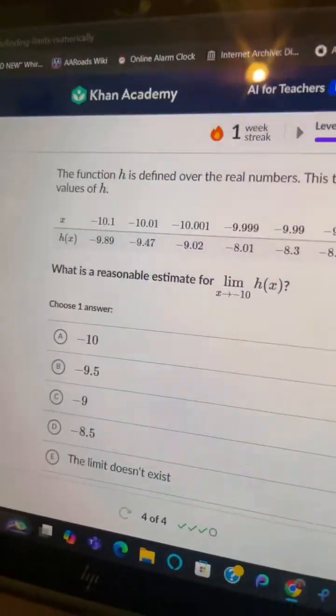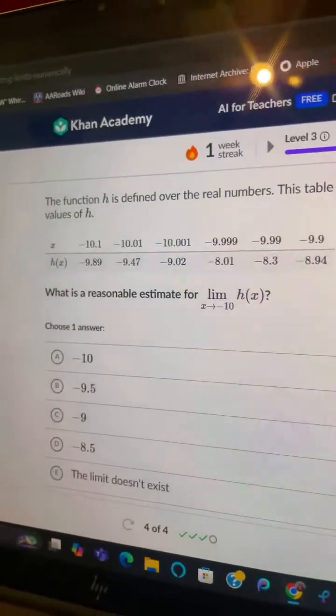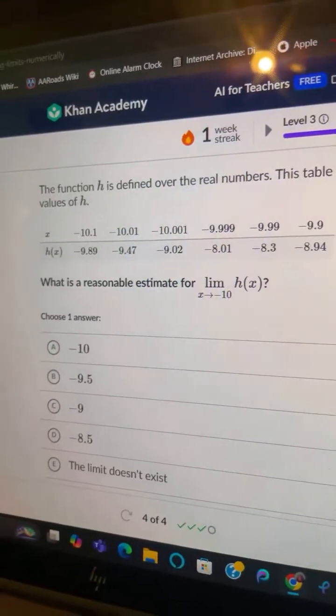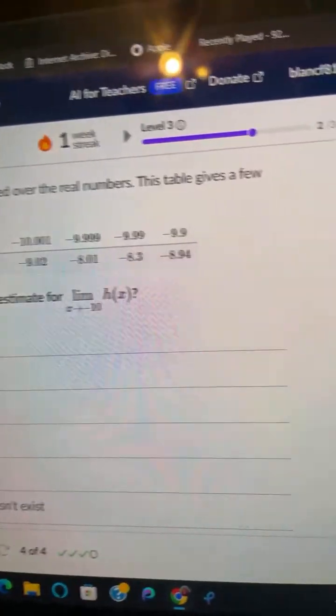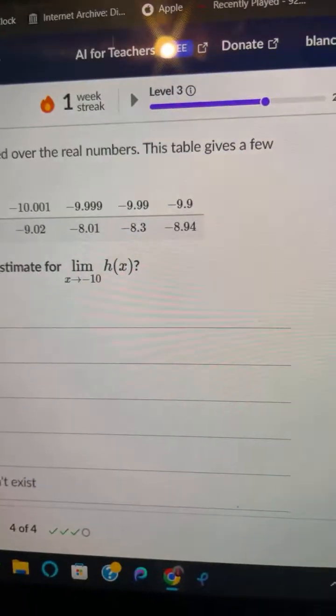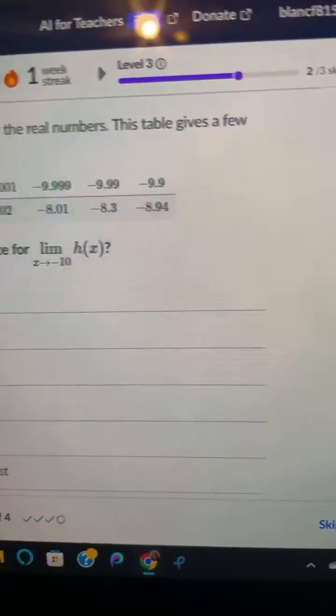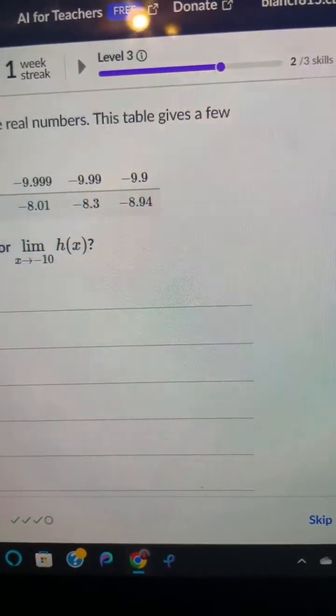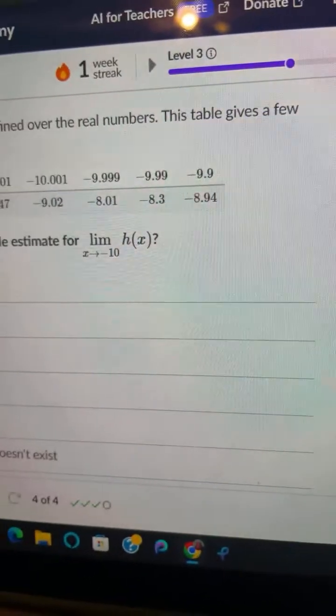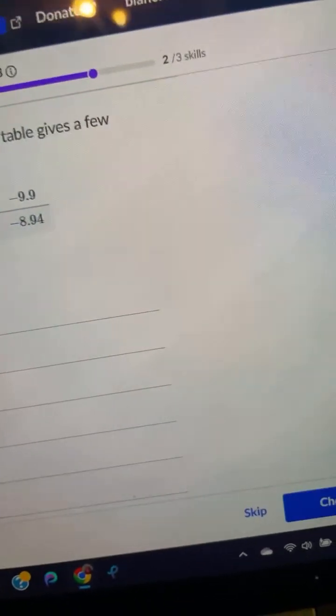That's a tough one, I guess. But let's see. It would decrease, but from this side, it's increasing. This approach is 9, but this approach is 8, so I think it doesn't exist. But I could be wrong. No, I'm not.